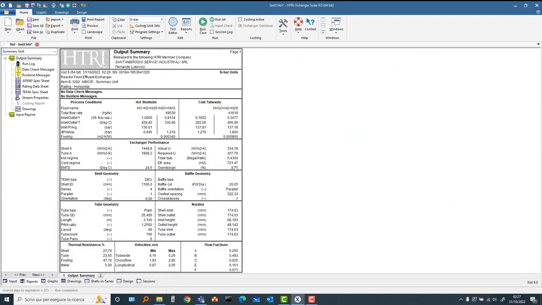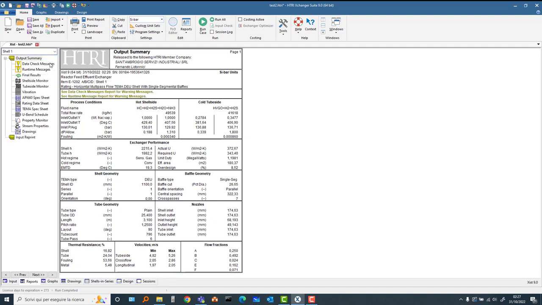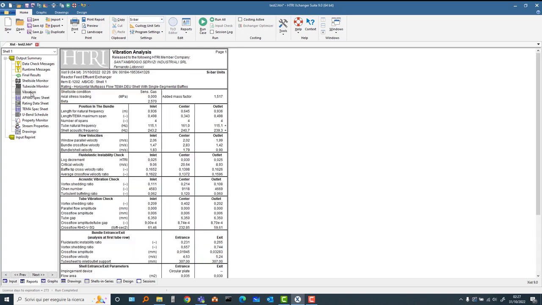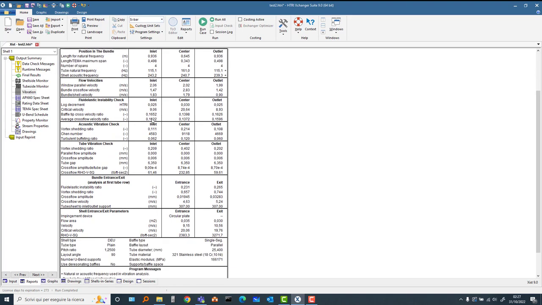So over surface is 8.77 on each unit. Shell 1, runtime messages, the reports here, okay, tube side monitor, vibration, no problem of vibration.